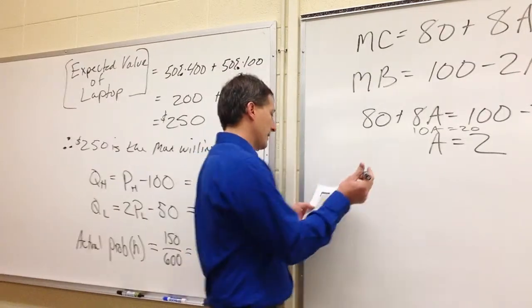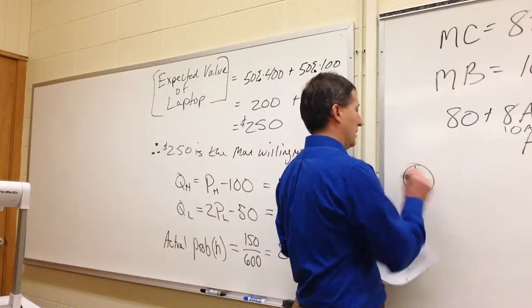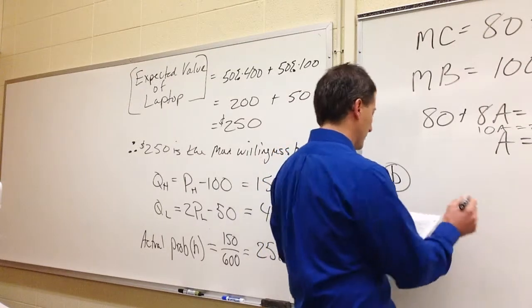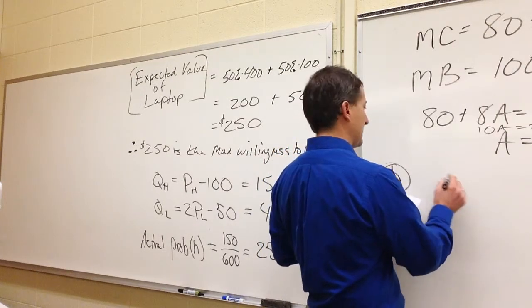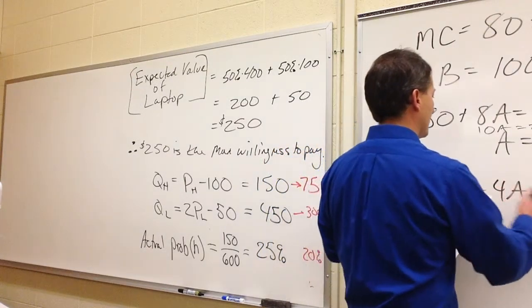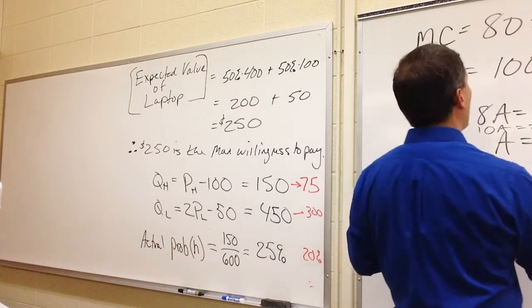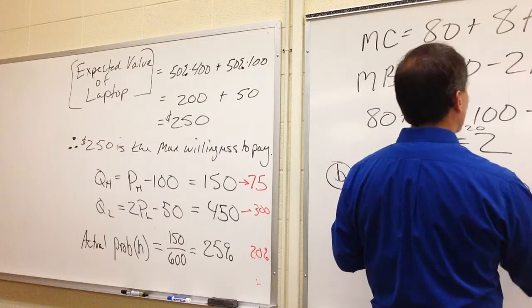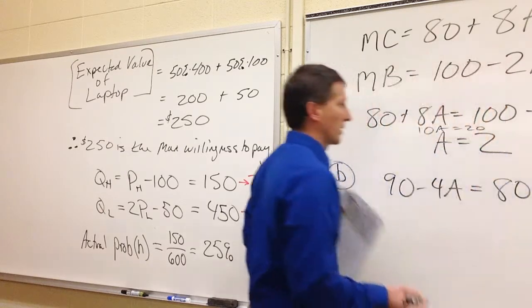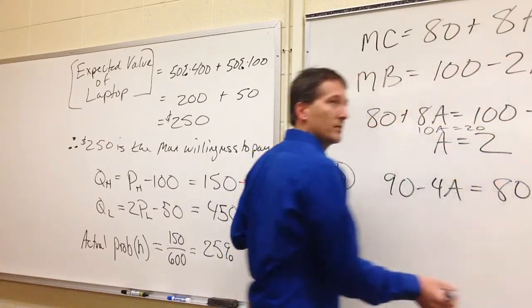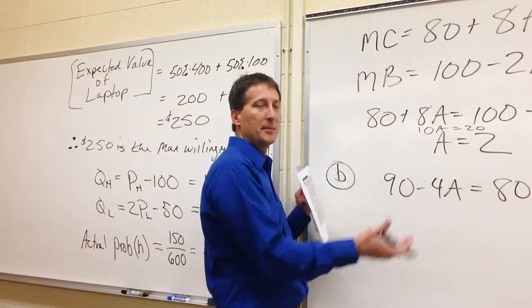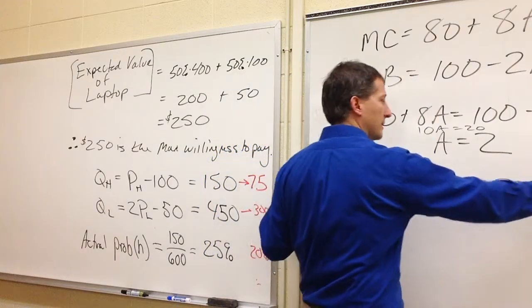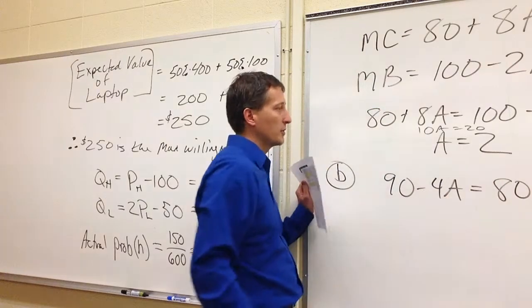What'd you guys get for that then? So we're going to have that new benefit curve of 90 minus 4A, still equal to the same cost. So the cost of doing those actions, the effort involved, maybe some monetary expense or whatever, that's still the same, but the benefits have changed.